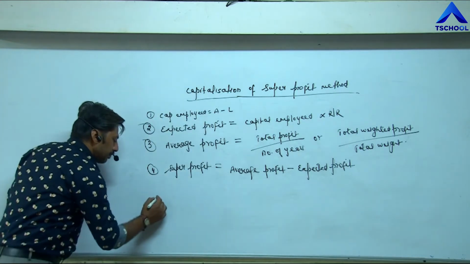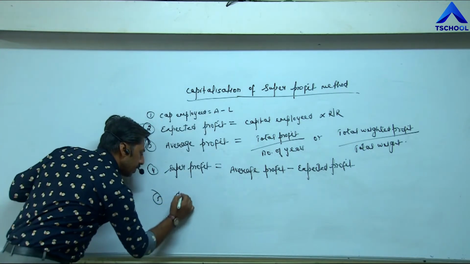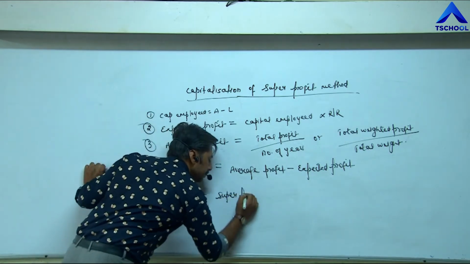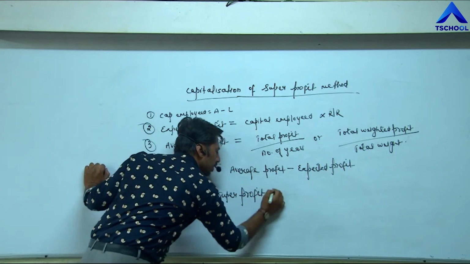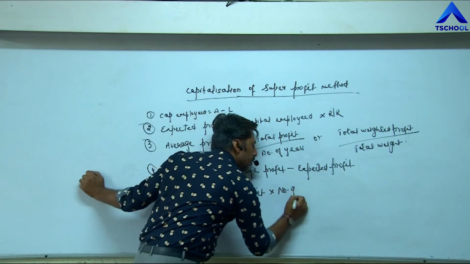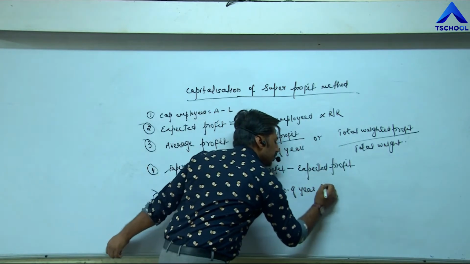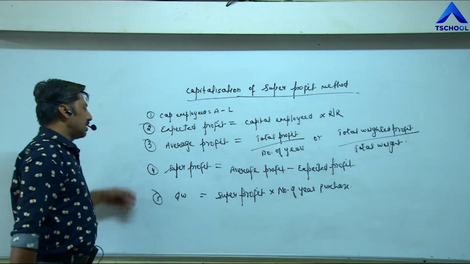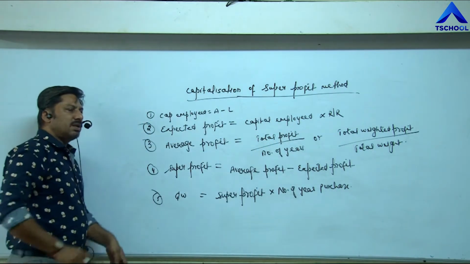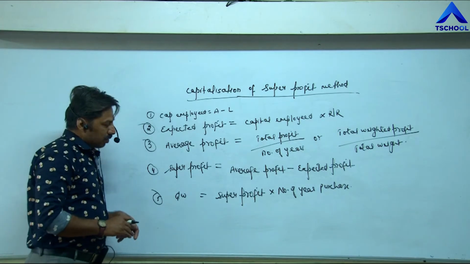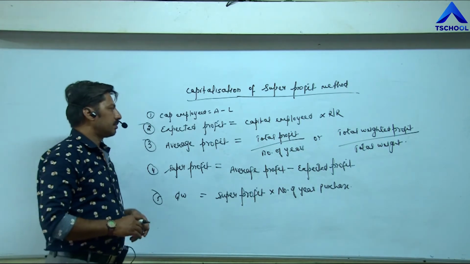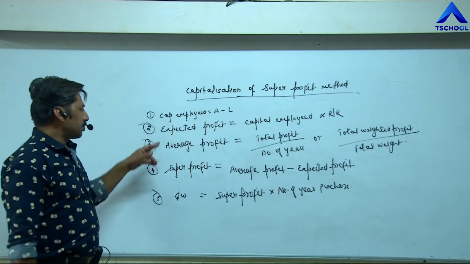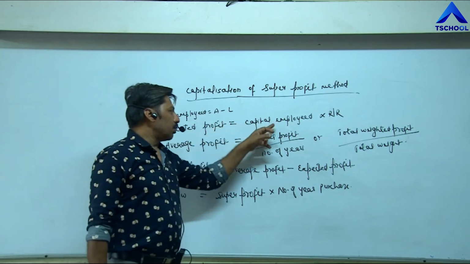And last step for calculating goodwill is goodwill equal to super profit into number of year purchase. These are the 5 steps in super profit method for calculating goodwill. Capital employed, asset minus liability, then expected profit, capital employed into rate of return.